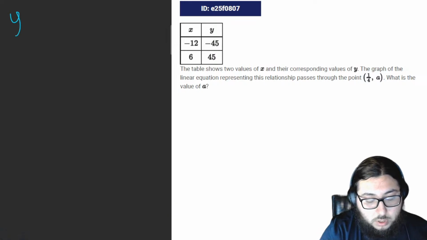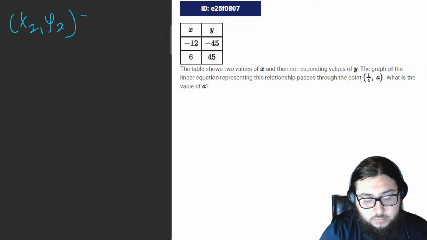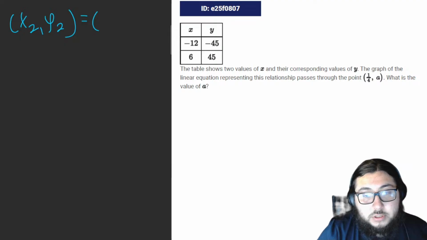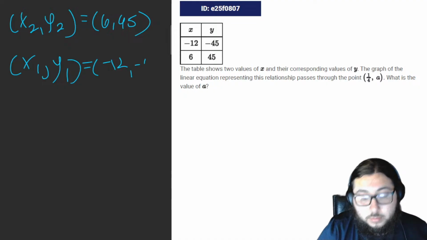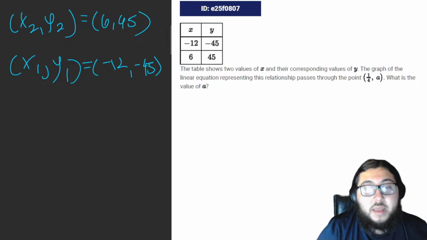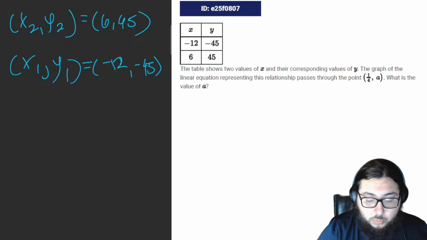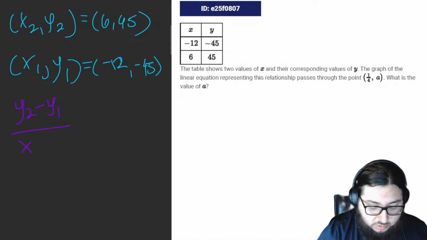So let's choose x2, y2. Again, it doesn't matter what order you choose them in, but I'm going to choose 6, 45 to be x2, y2, and x1, y1 will be -12, -45. Excuse my handwriting, by the way. And then we're going to use the slope formula to calculate the slope.